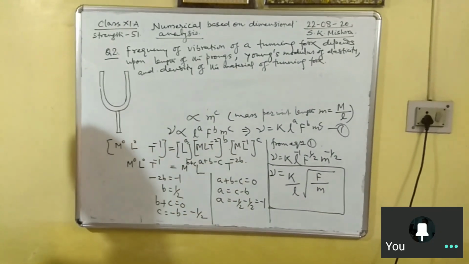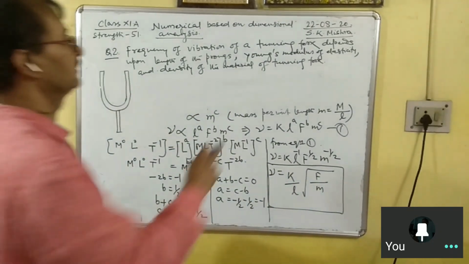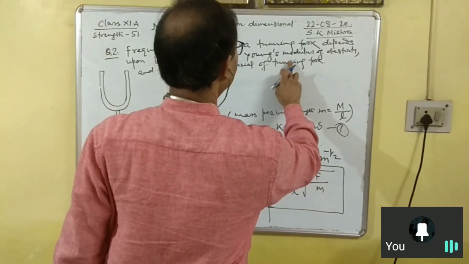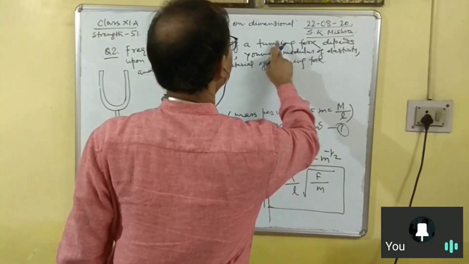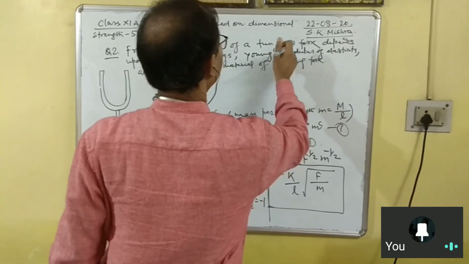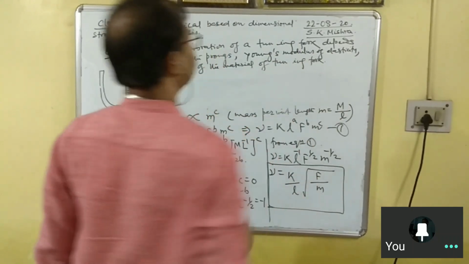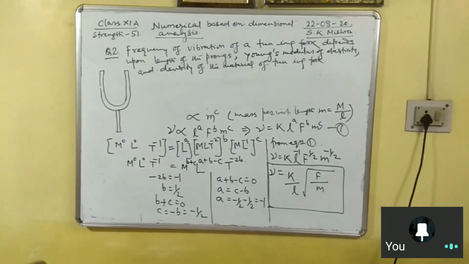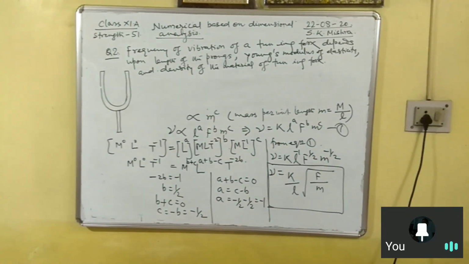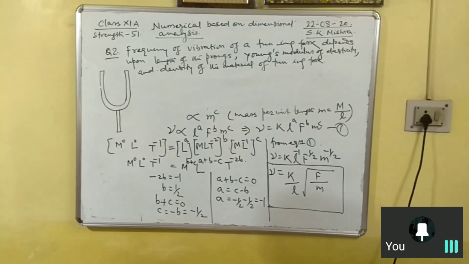Frequency n of a tuning fork. It's single n, no? Yeah. So length of the prongs, Young's modulus of elasticity, and density of material of tuning fork.